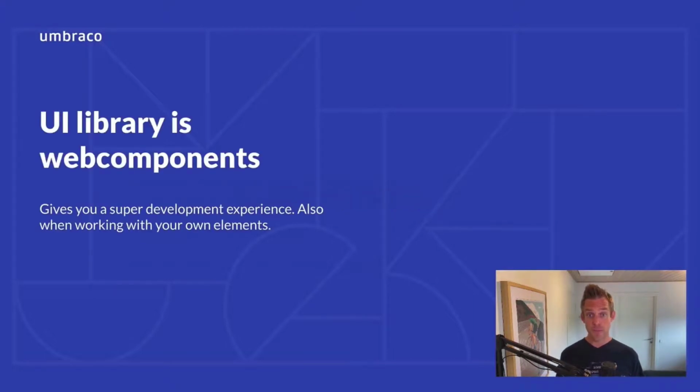The UI library that we've built or are building is actually built with this pattern. It's built with web components, and it gives us a super nice development experience. So if you want to add an Umbraco button inside of your Google Maps property editor, you just use our elements and they work directly. And the developer experience that you get from our elements, you would have on your own elements as well, as long as they are proper web components, and that's what we do.